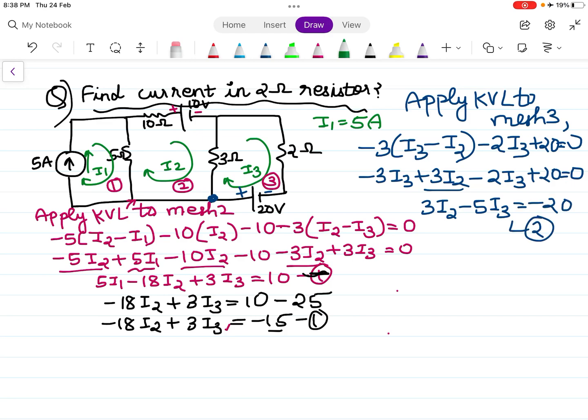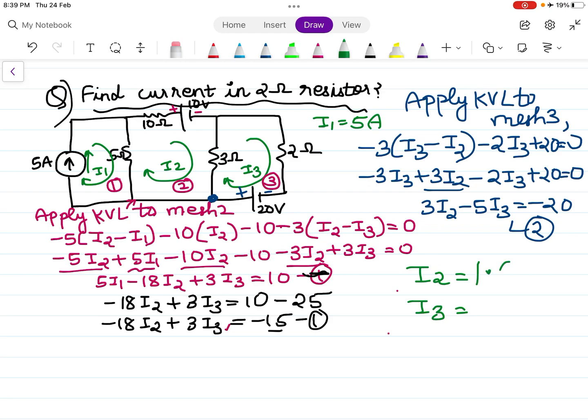Equation number 2. Two equations, two unknowns. Find the value of I2 and I3. Minus 18, 3, minus 15, 3, minus 5, minus 20.